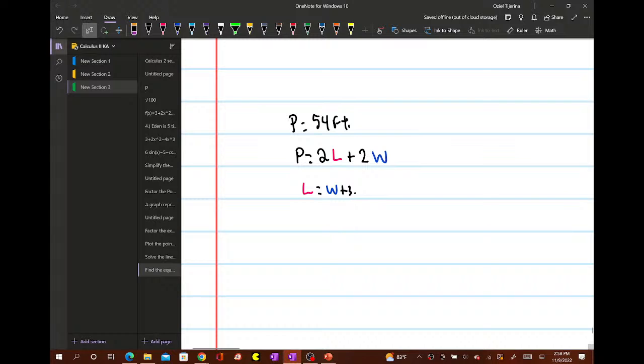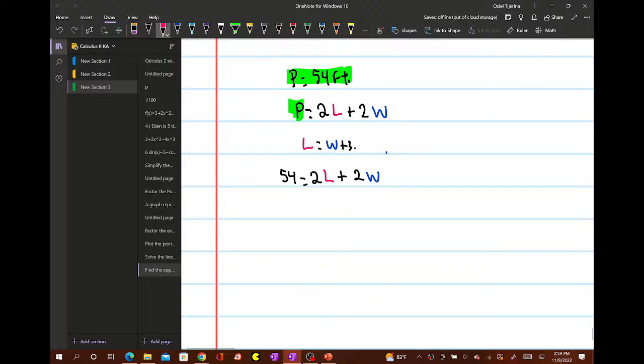Okay, so we have 2 equations and 2 unknowns, right? We know that the perimeter is 54 feet, so we can say that 54 is equal to 2L plus 2W, okay? We also are given that L is actually W plus 3.